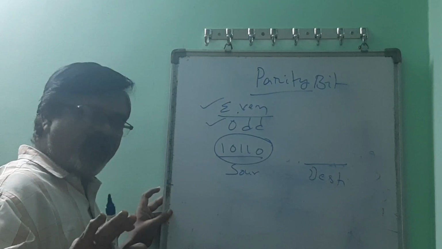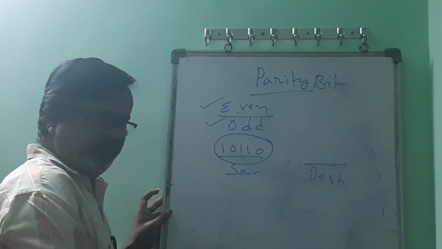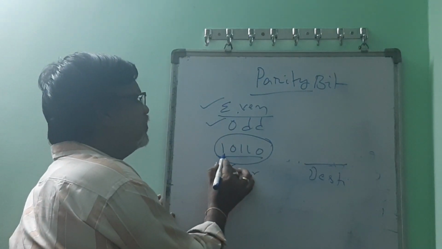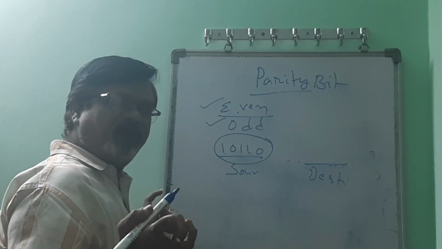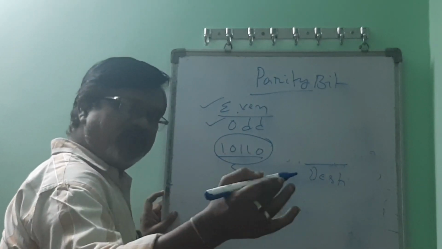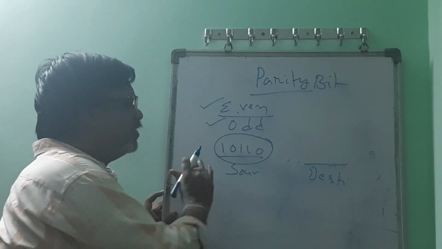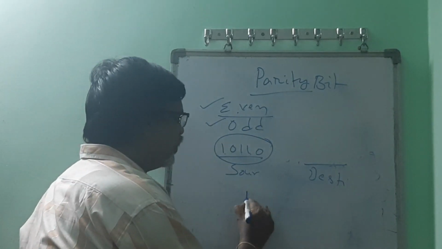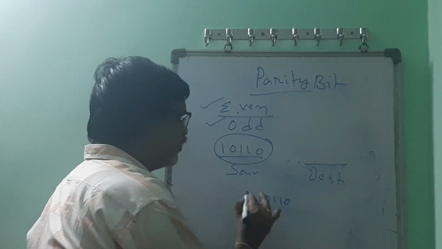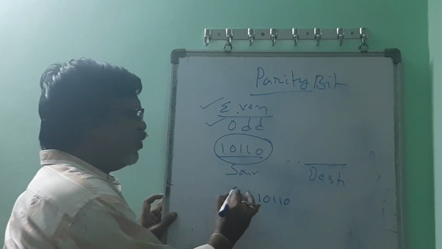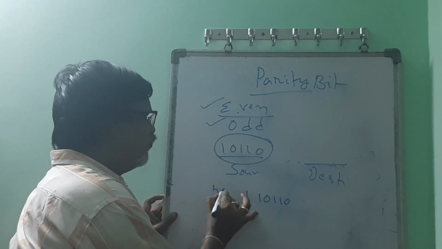So you have to pad this number. How many ones are there here? 1, 1, 1. Three ones, which is not an even number. So when you send this data, you add one extra bit like this. Now it becomes four ones.